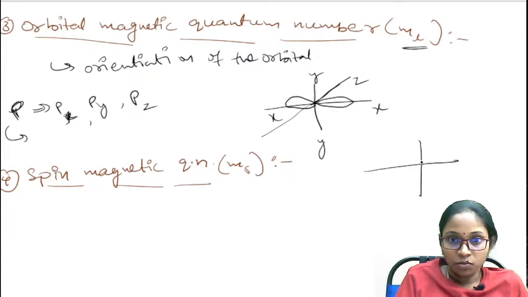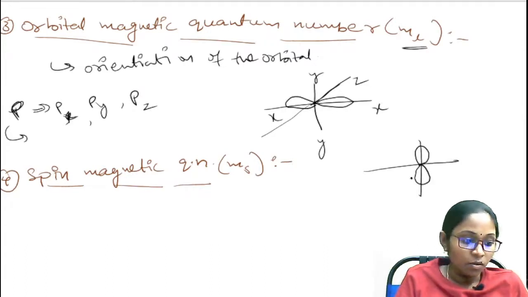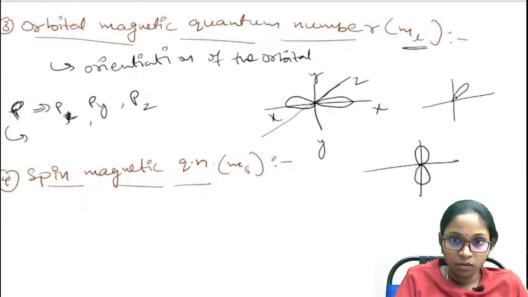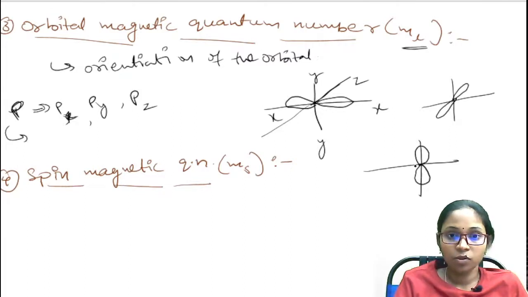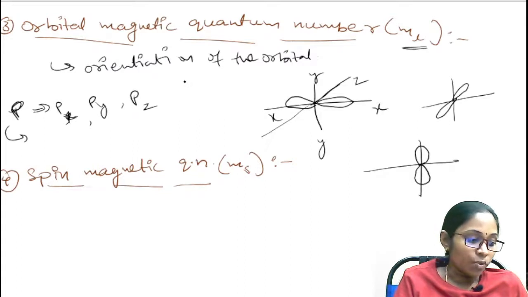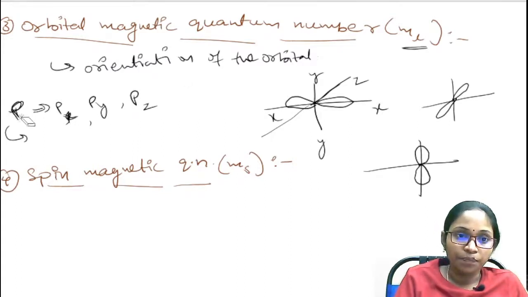Y orientation తీసుకున్నారు అనుకోండి, this will be the orientation. Okay, and z తీసుకున్నారు అనుకోండి, this will be the orientation of this P subshell. Okay, orbital magnetic quantum number gives us the orientation of this orbital.